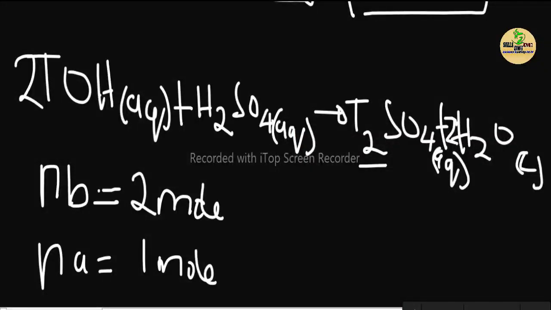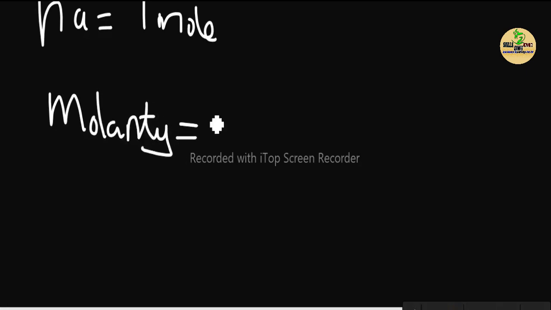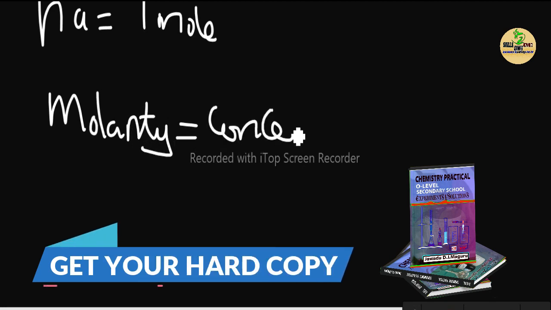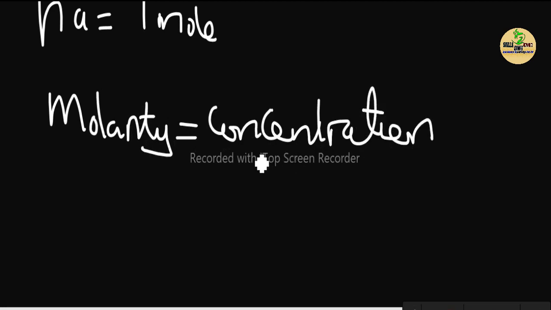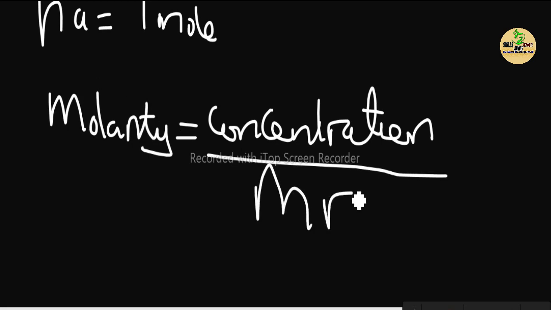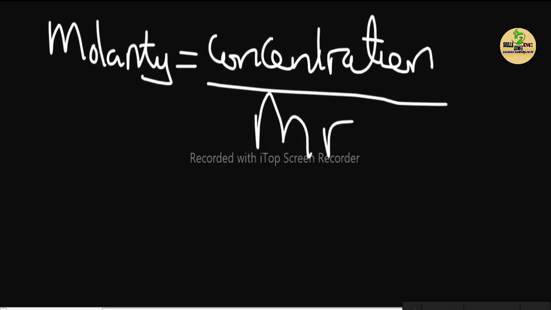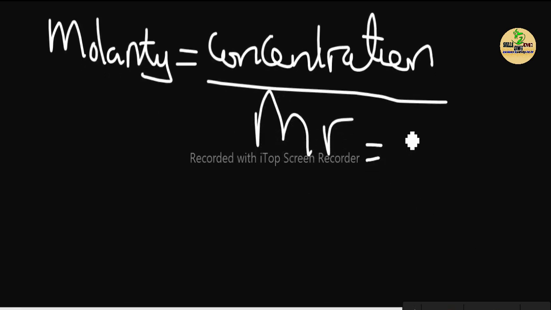It means molality is equal to concentration over molar mass. So the molar mass of sulfuric acid is equal to 98.